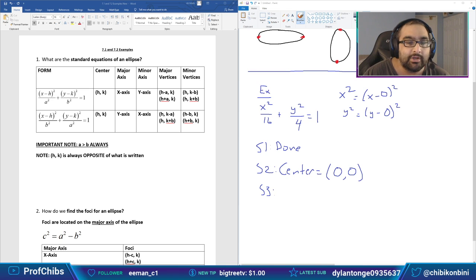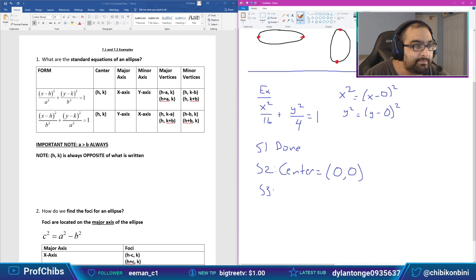In order for us to identify A and B, I'm going to literally rewrite the problem here one more time. I can rewrite it as, say, x squared over, and I notice it says 16, right? So I'm like, okay, well, here I have 4 squared. That's what 16 is. And I have y squared here as 2 squared.